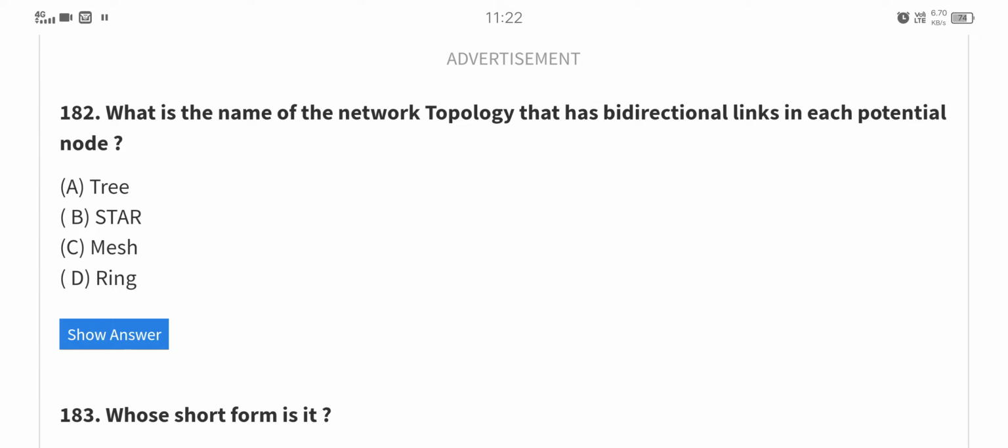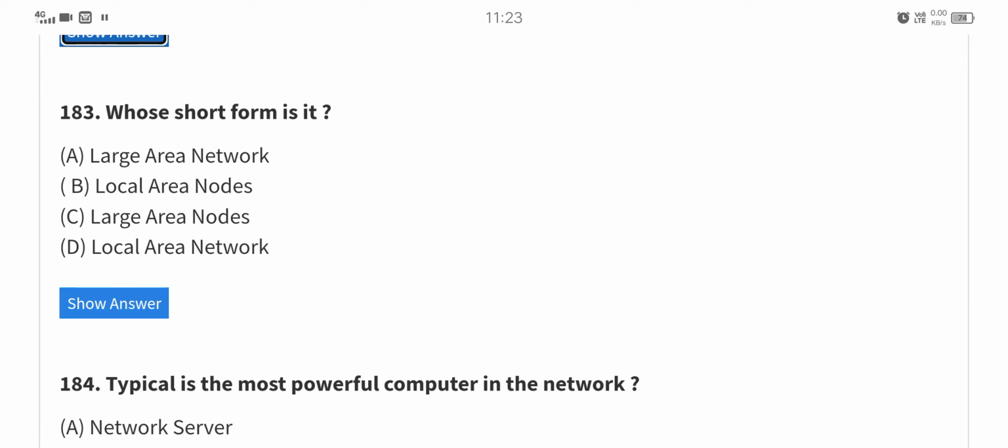What is the name of the network topology that has a bidirectional link to each potential node? Mesh. What is the short form of LAN? Local Area Network.